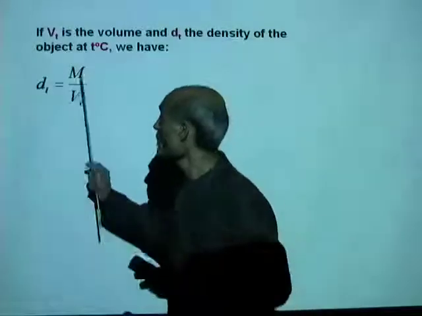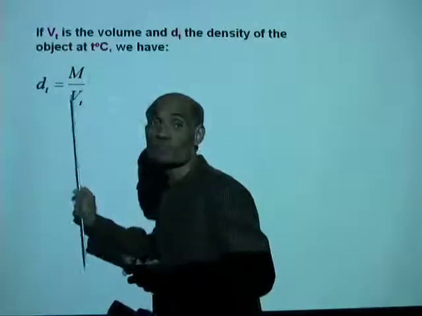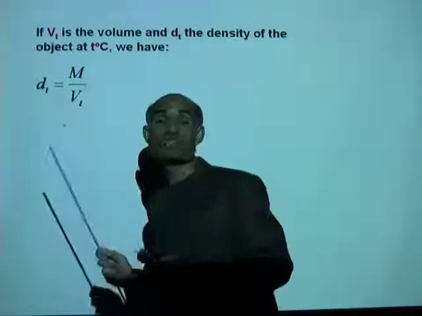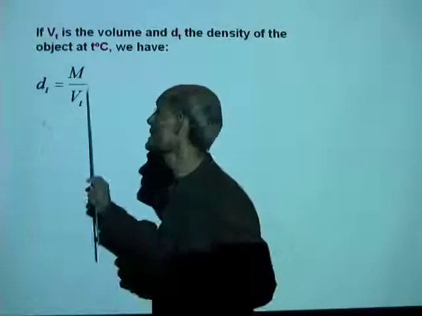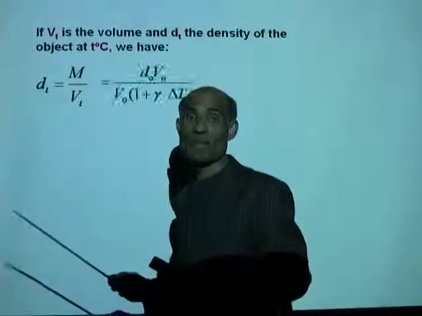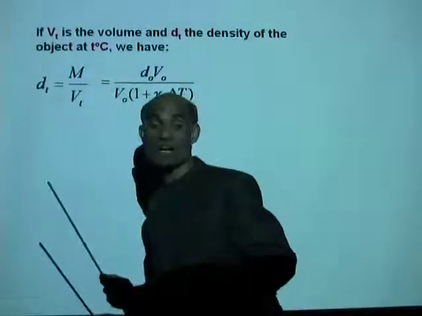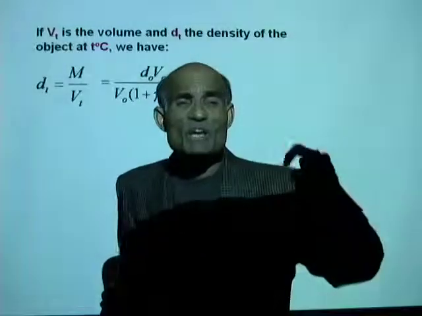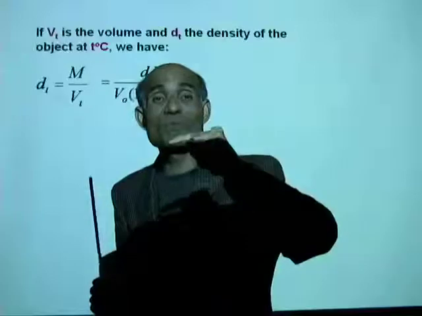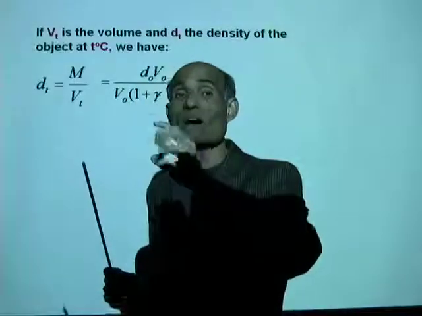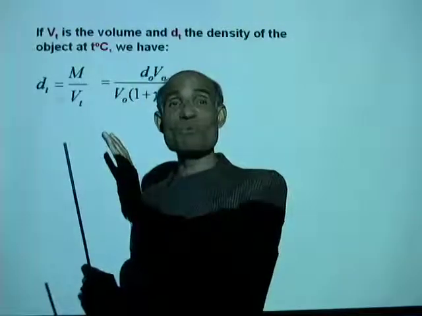No, it will not. The mass is the same. But the volume changes from V0 to Vt. Therefore, I can now write, well, do you remember we said V2 equal to V1 times 1 plus gamma (T2 minus T1).